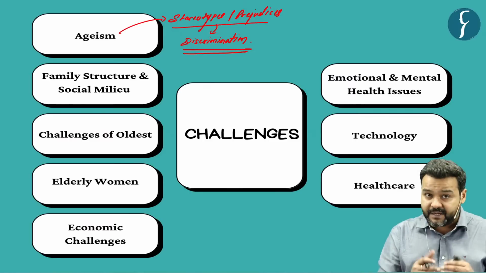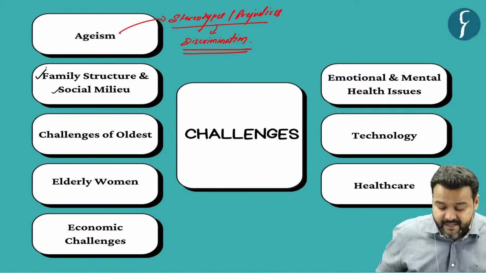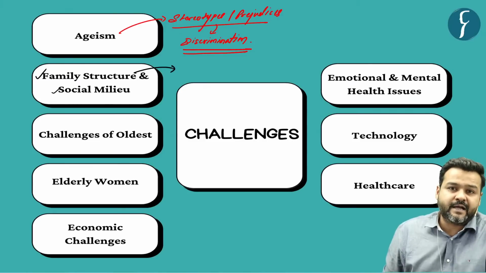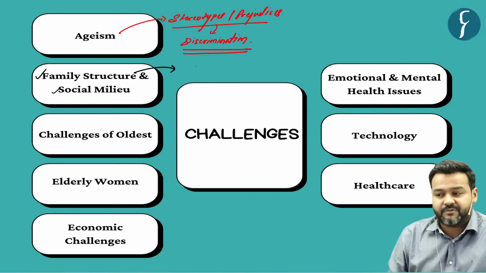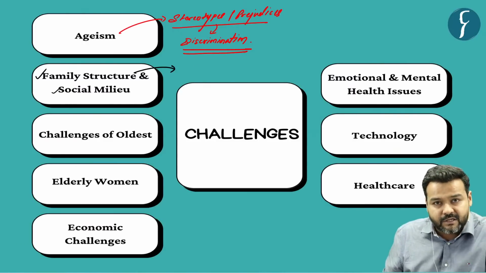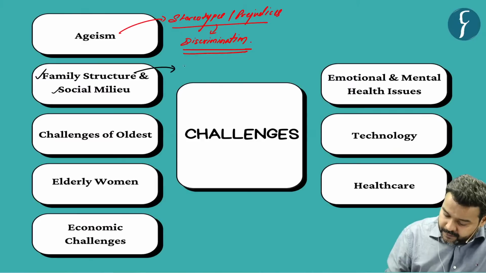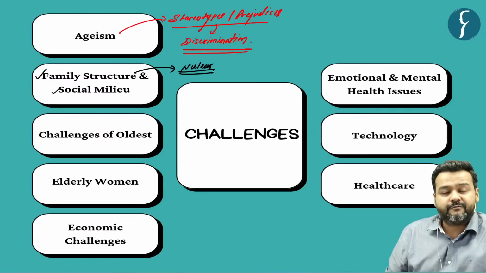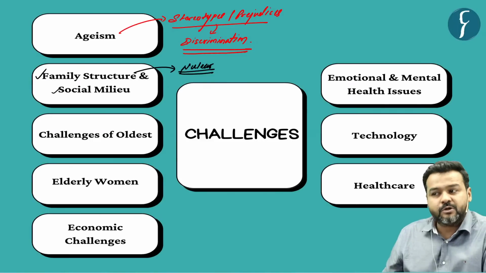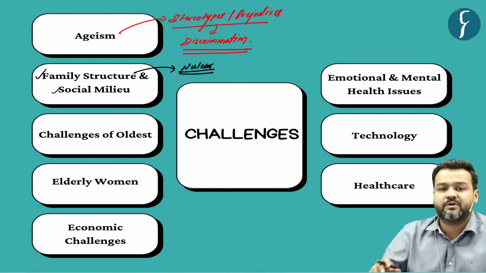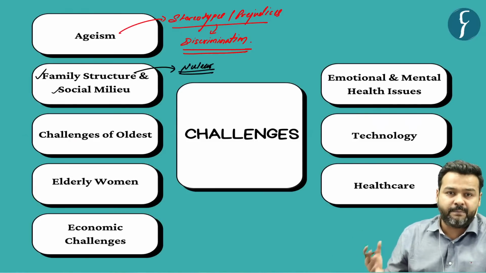It is more so in the present social milieu and family structure, because you know that traditionally Indian society had a characteristic of joint families where these elderly people were getting good quality care and attention of their family members. Now, nuclearization has increased. Nuclear families have become more dominant, especially in urban areas. From the rural areas, the youth, in absence of gainful employment, have migrated towards urban areas, leaving their elderly dependents behind.